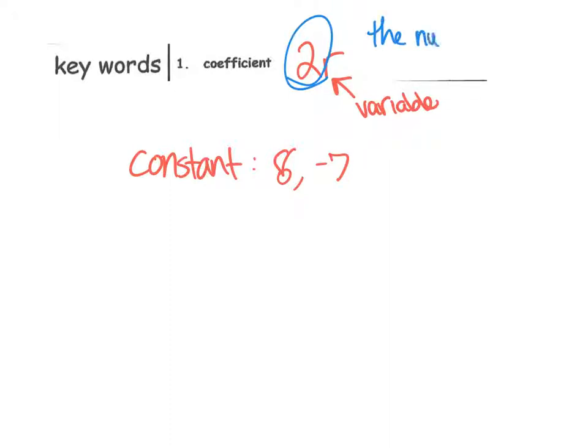The number attached to the variable. It's the number that's wearing a backpack. That's called the coefficient. And what we're going to practice today is getting variables together, adding and subtracting coefficients together.